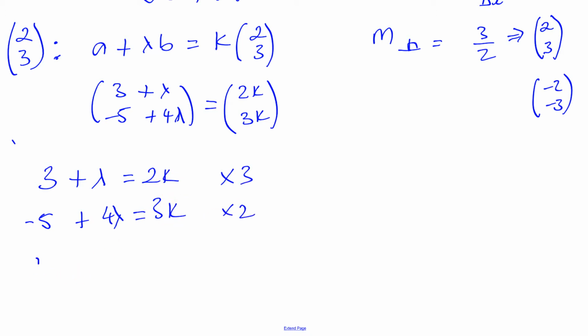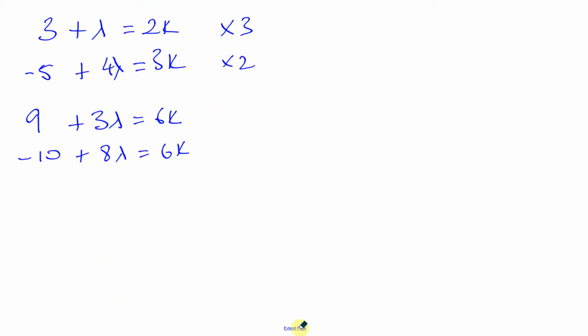So you have 9 plus 3 lambda is equal to 6k, and minus 10 plus 8 lambda is equal to 6k, and then we can just subtract these equations to get rid of the k's.